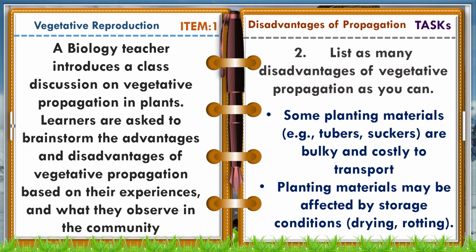Some planting material, like tubers and suckers, are bulky and costly to transport. Planting material may be affected by storage conditions, for example, drying and rotting.